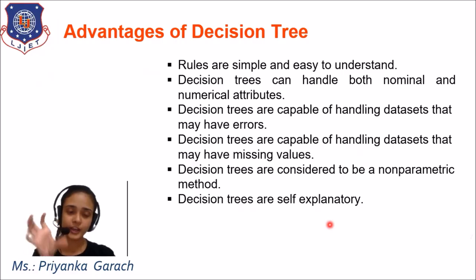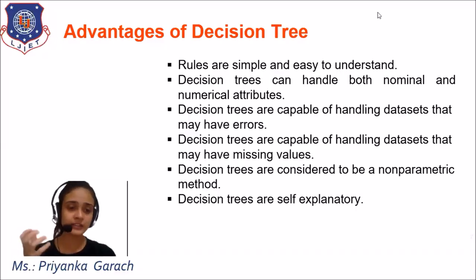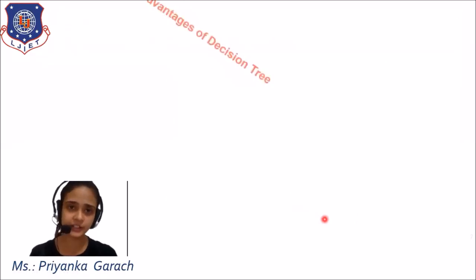It means if you make the decision tree in front of a layman, then he or she can easily understand it. So it is one of the advantages that decision trees are self-explanatory.